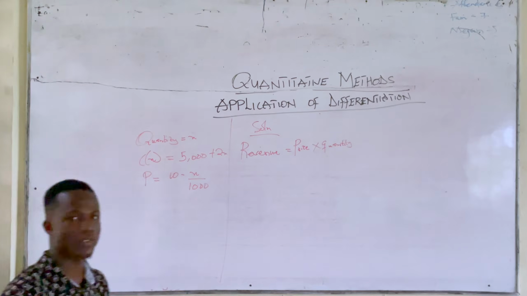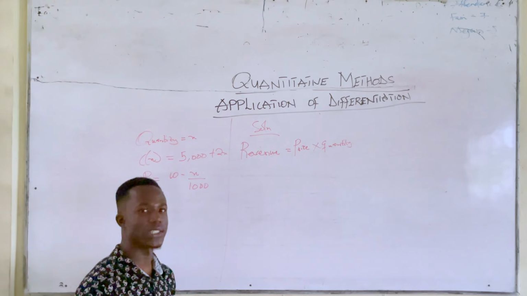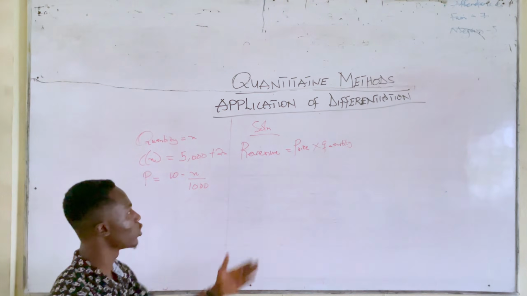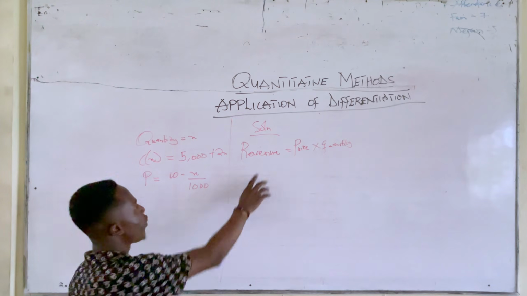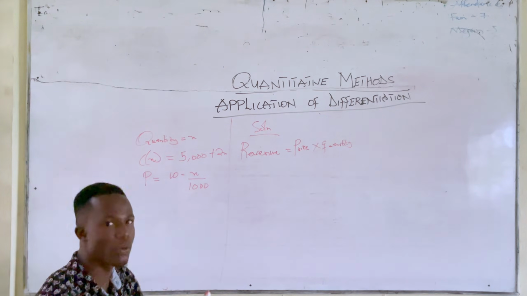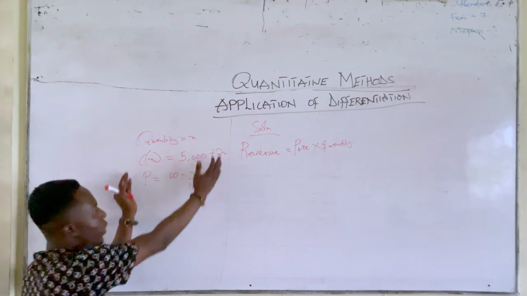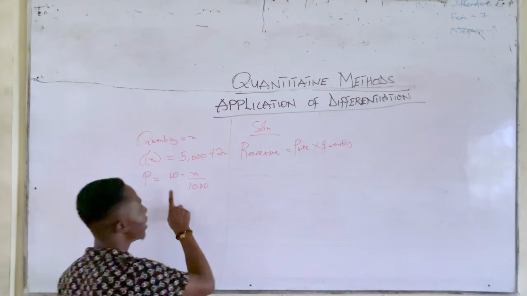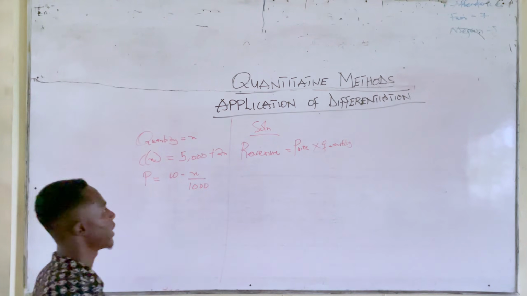Right? So if I have 10 markets and one sells at 2 Ghana cedis, the price times the quantity, 2 times 10, is giving me 20 Ghana cedis, and that is my revenue. So for us to calculate the maximum revenue, we have to get our revenue function, but we were not given any revenue function. But we have the price function here and the quantity here, so let's multiply them.